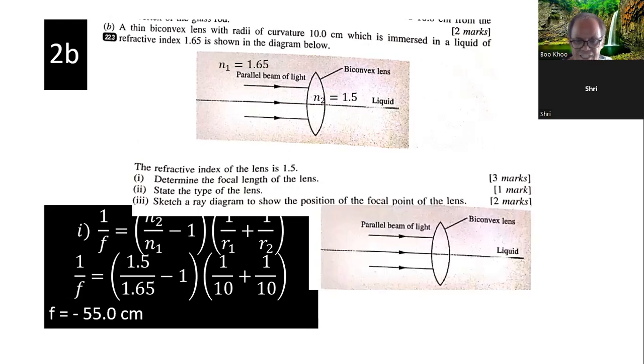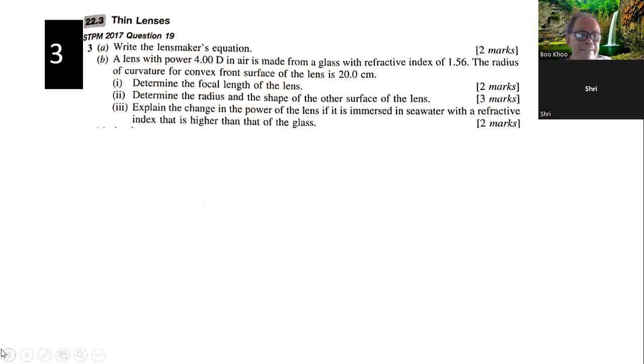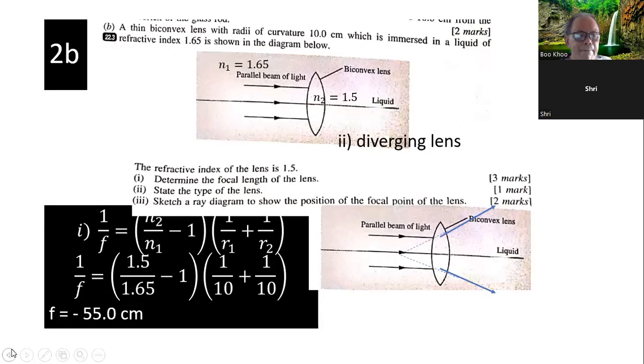When I get negative, it must be diverging. So you should be able to sketch a ray diagram to show the position of the focal length. It's diverging, so produce it backward. Diverging lens, so that's your principal focus there. Can or not? Okay.